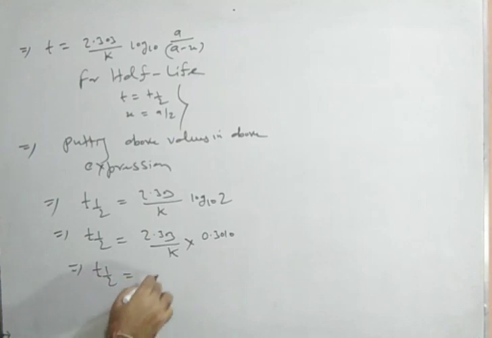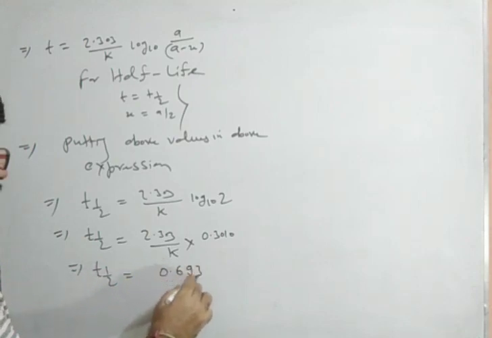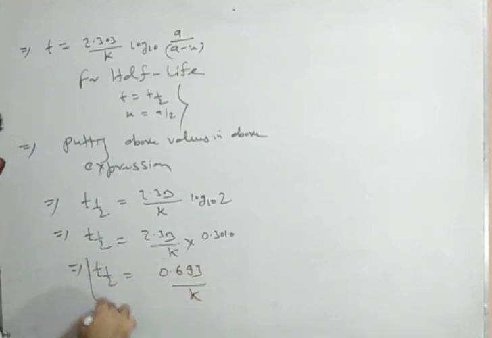After multiplication, it gives the value 0.693 by k.